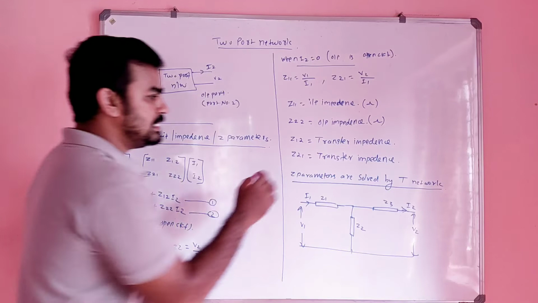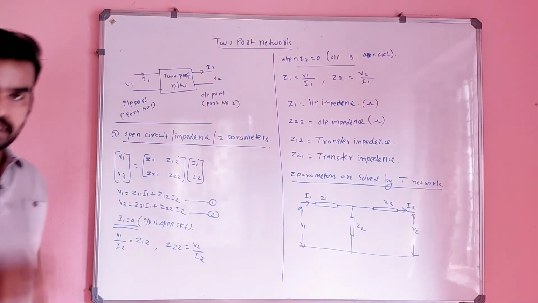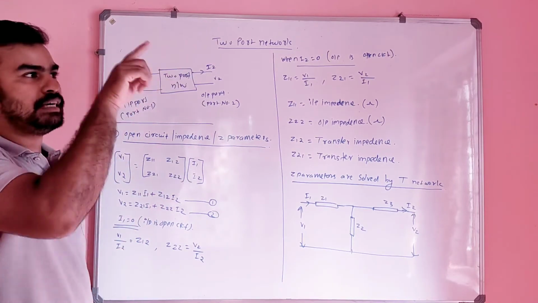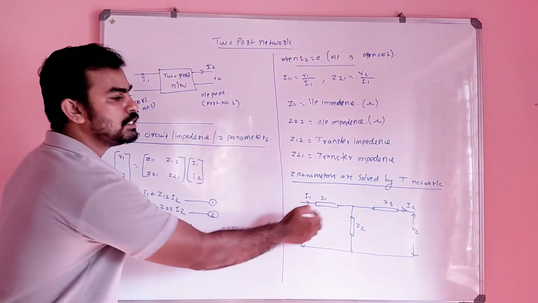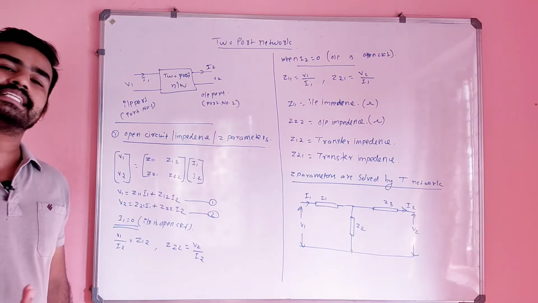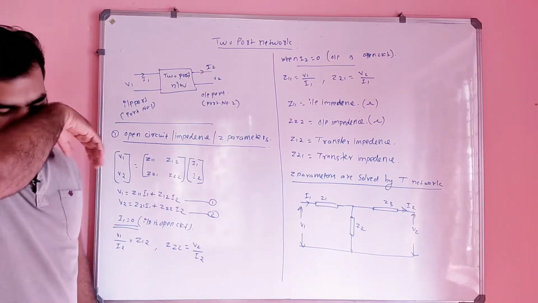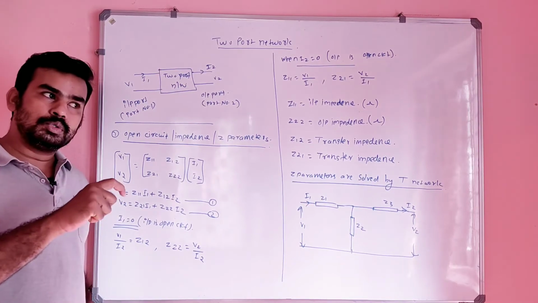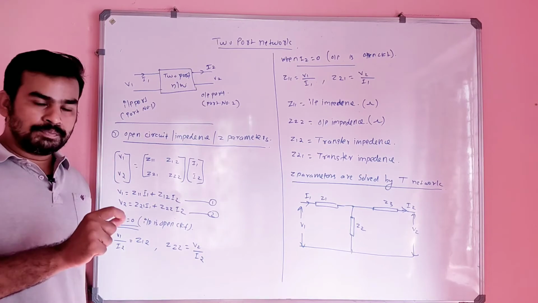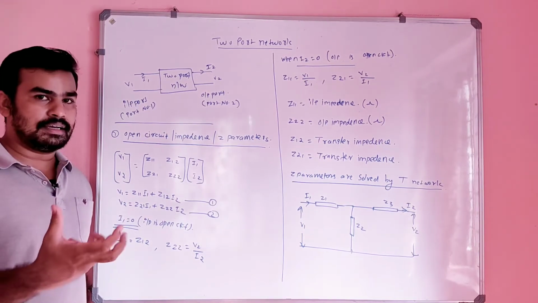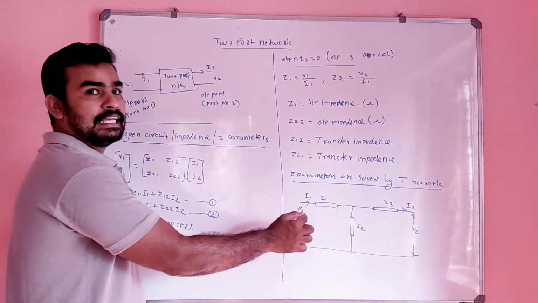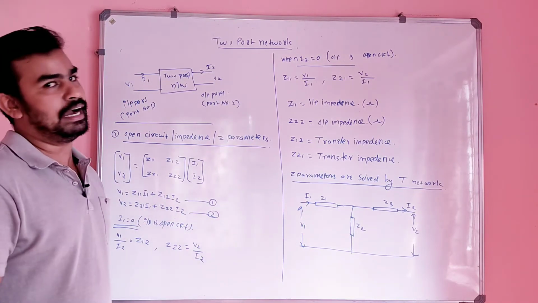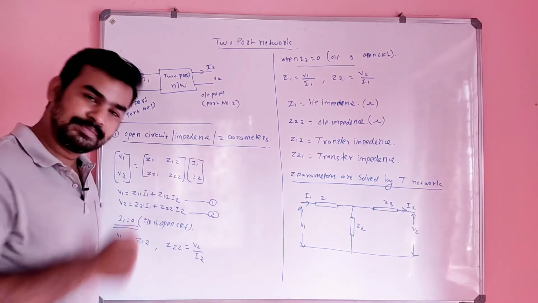Okay, so Z parameters are solved by T network means, if you have a network in the shape of a T like this, then from this you can easily find the Z parameter. That means if you have any complicated network in your hand, and you reduce that network into the form of this T shape, then it is very easy to find the Z parameter from that.